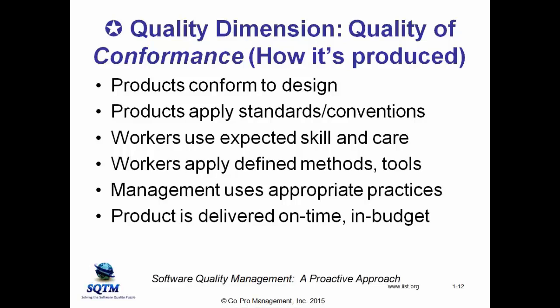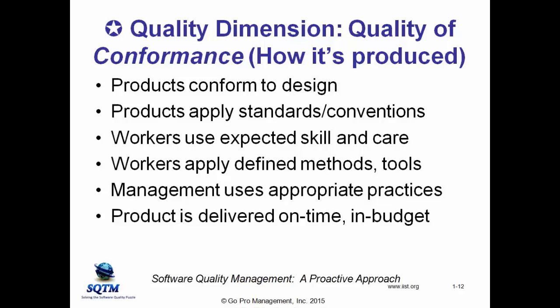The second quality dimension is quality of conformance. This relates to how things are produced. This is what most testers are doing, is determining that the products conform to the design. Quality of conformance also relates to the standards and conventions and worker and management practices that are applied, and it includes delivery on time and in budget.